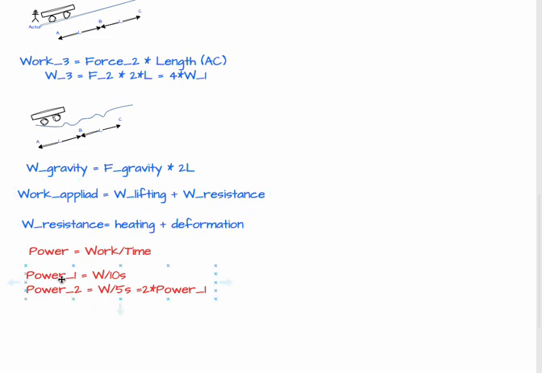So if we lifted our trolley for 10 seconds, we spent work divided by 10 seconds. And if we did it for 5 seconds, the work will be the same because we moved the same trolley the same distance, but twice as fast. That's why we have to spend twice the power, so 2 times more power. This is the concept of power.